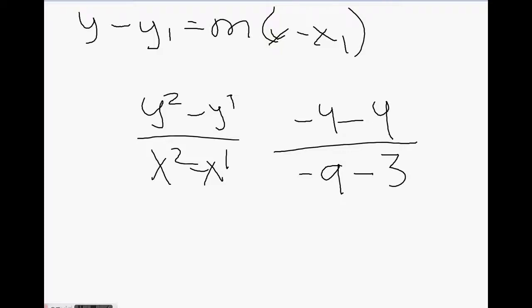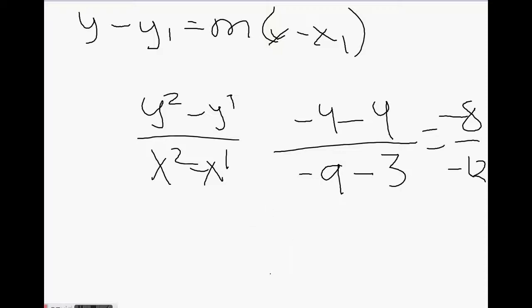Oh boy, I can't read my handwriting. Oh yeah, they're both 4. So this will be -8, and -9 minus 3 is -12. If we reduce, it's going to be a positive, because they're both negative. We can divide by 4, right? So 2 over 3 is the slope.